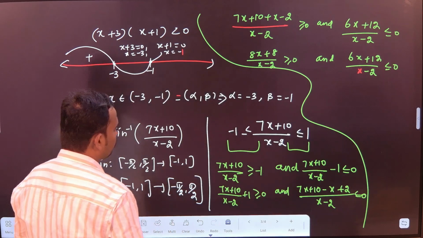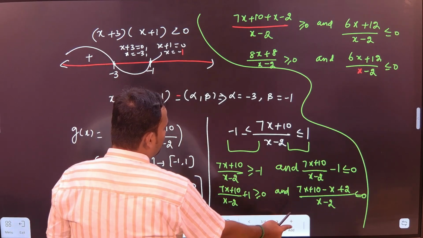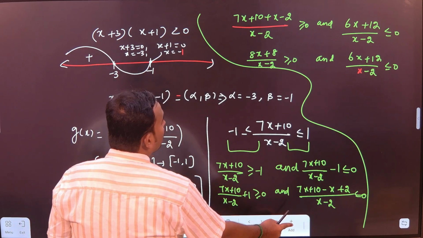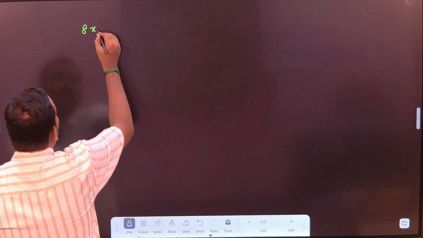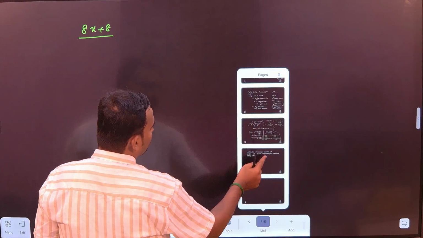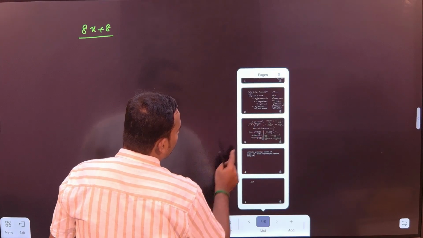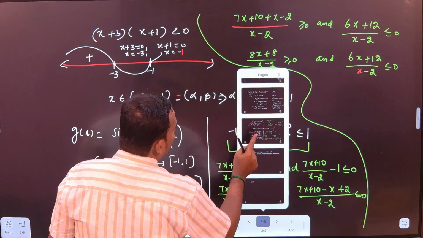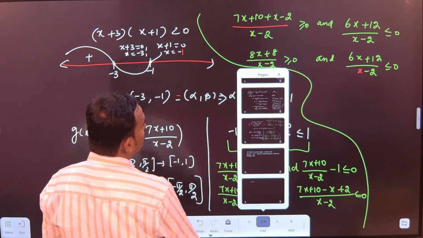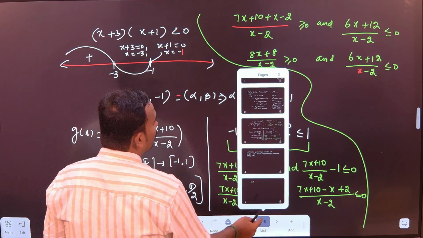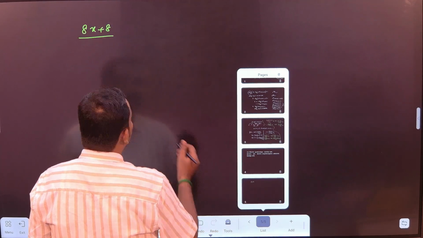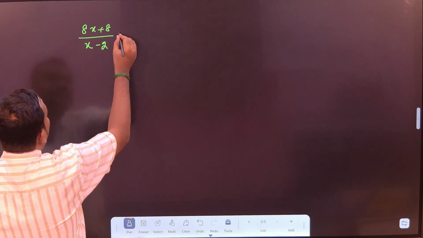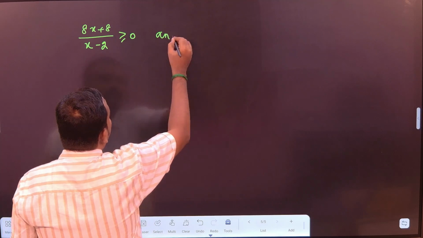Okay, so I'll take another page. You can see 8x plus 8 divided by x minus 2 greater than 0, and the second one is what?